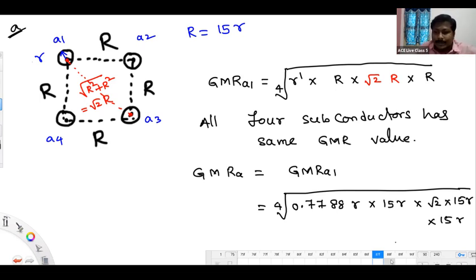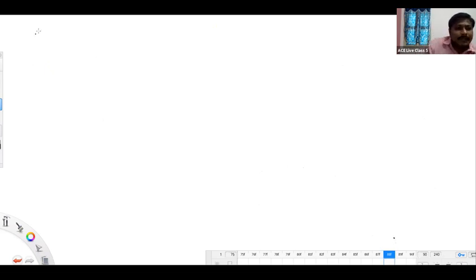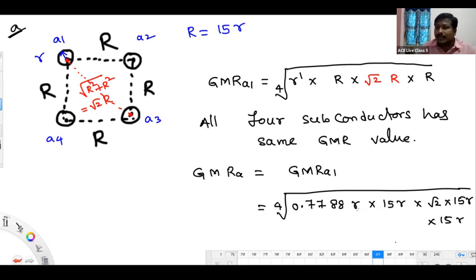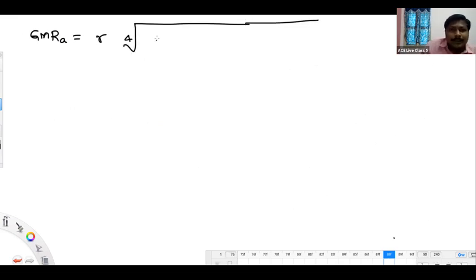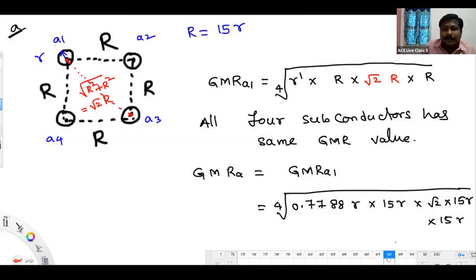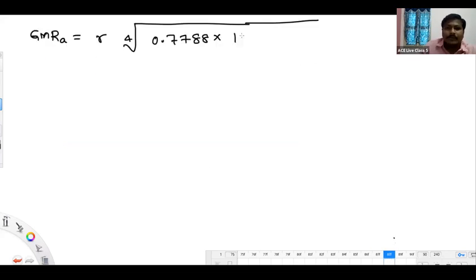See, I will write the GMR of the overall phase A. You can see r to the power 4 under the 4th root, so r will come out of the root. And we have the 4th root of that constant: 0.7788 into 15 into root 2 into 15 into again 15.